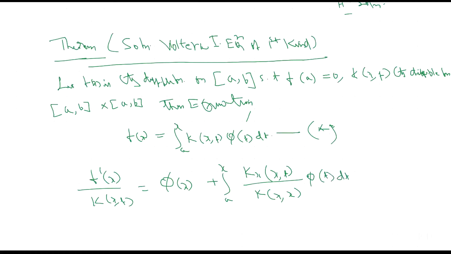That is the double star, nothing but the second equation. Here K_x denotes the partial derivative of K with respect to x. So, proof.